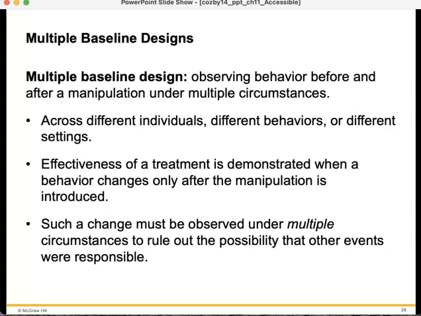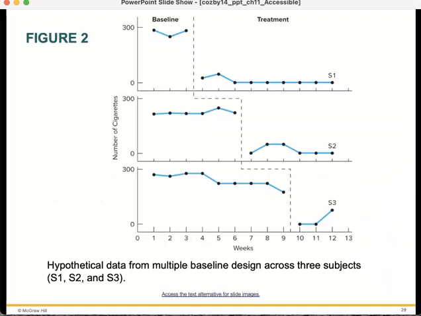There are several variations of the multiple baseline design. In multiple baseline across subjects, the behavior of several subjects is measured over time for each subject. The manipulation is introduced at a different point in time.